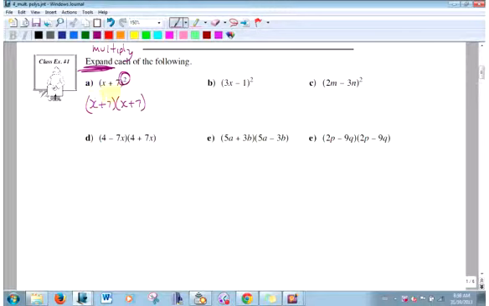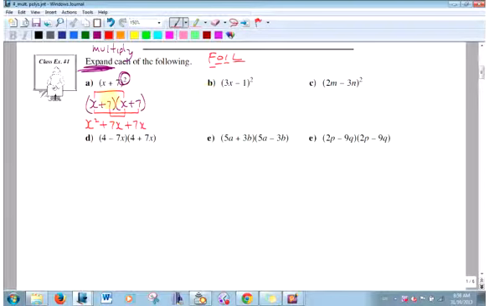FOIL, first terms in each brackets is the x and the x. X squared. Hey, just like SOHCAHTOA, write it. Outside terms, that's x times 7, which is 7x. Inside is 7 times x, which is also 7x.